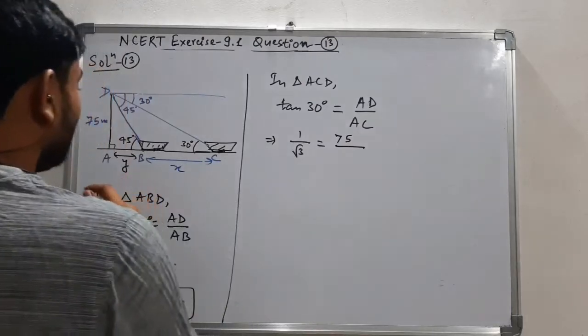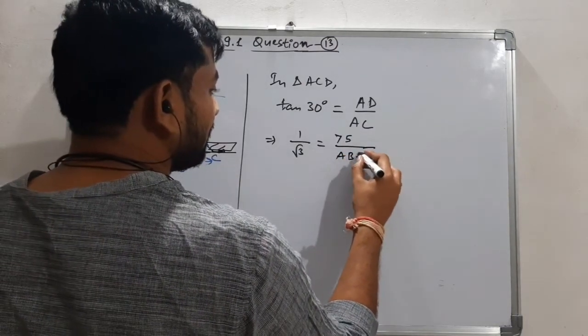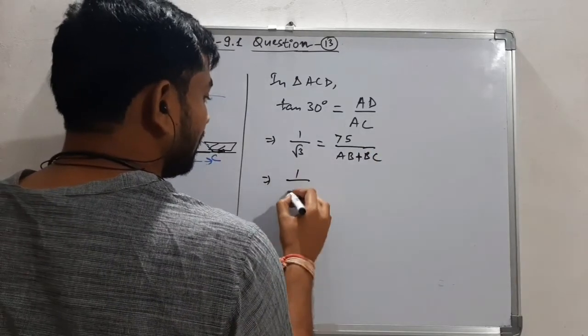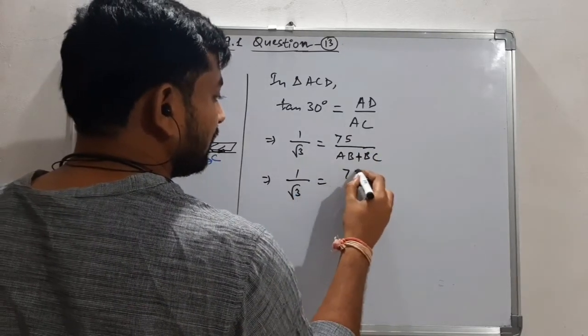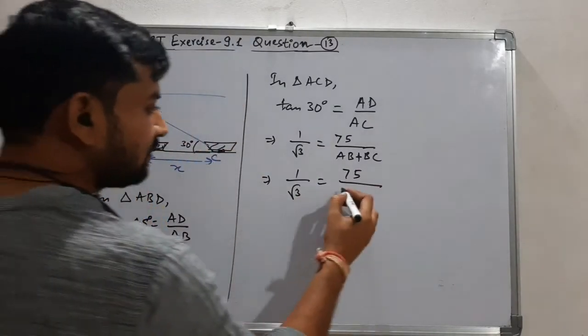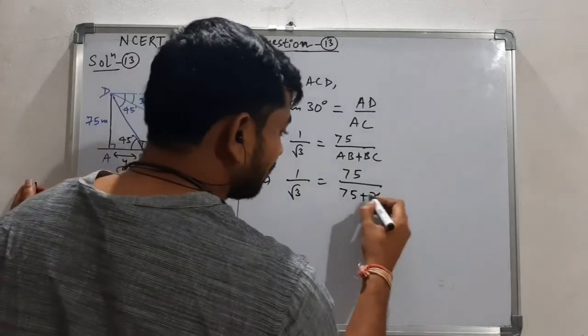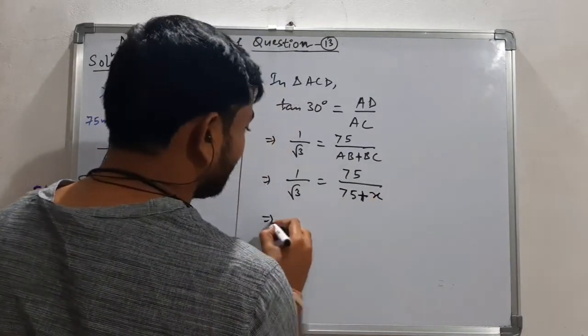Now AC can be written as AB plus BC. So 1 by root 3 is equal to 75 upon AB plus BC, where AB is y, which we calculated as 75, and BC we have taken as x. Now our target is to calculate the value of x.